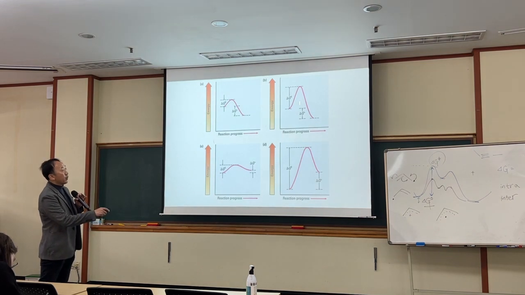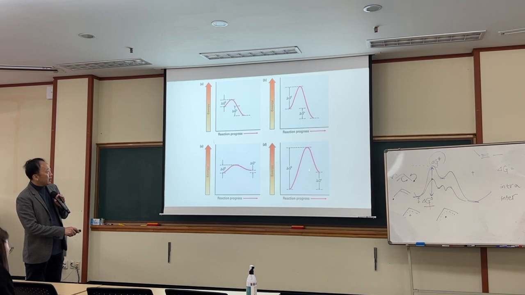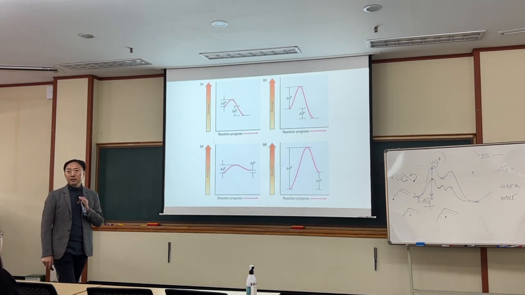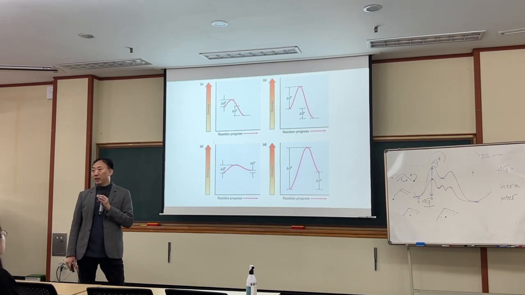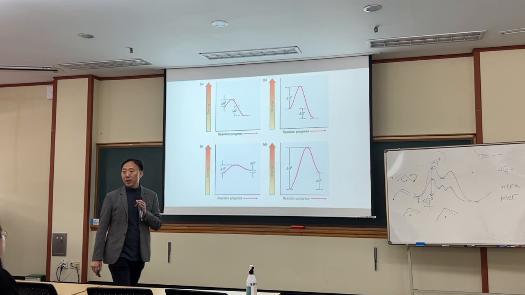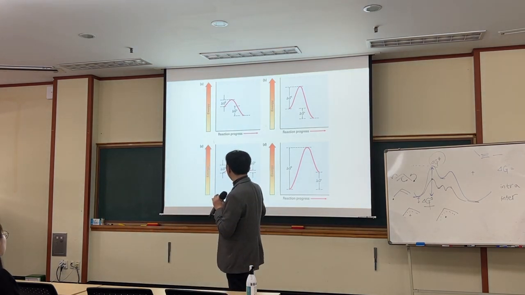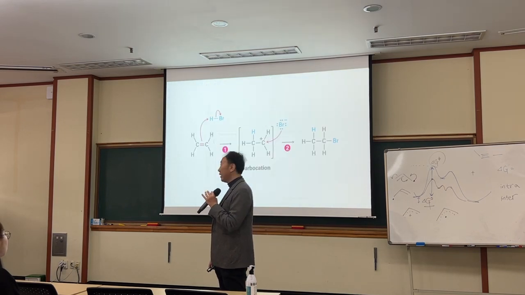Exothermic slow reaction. Endothermic slow reaction. If you set up the reaction, someday it will happen, but you don't know if it can be finished by 6 p.m., when the class is over. Then you need to think how to accelerate this. What's your option? Maybe by putting in a catalyst.